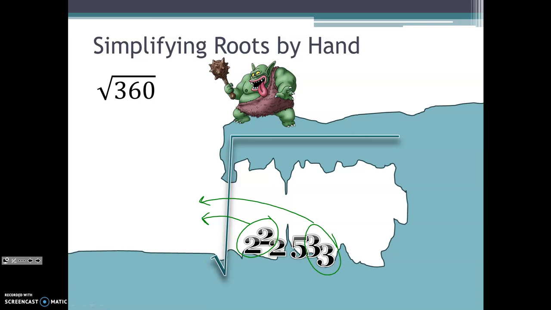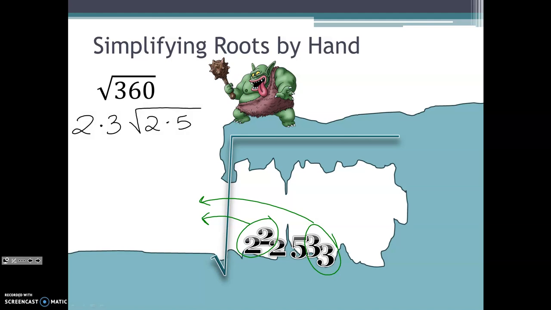But the 2 and the 5 are stuck inside of the cave forever. So it's kind of a sad story, but such is life. So essentially the 2 and the 3s make it out, they're on the outside, but the 2 and the 5 do not, and they are stuck on the inside.